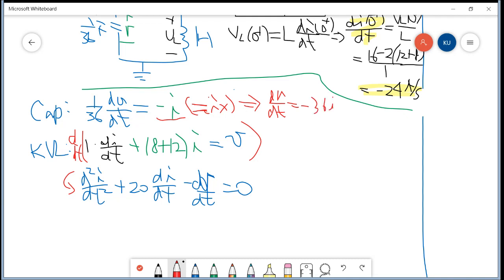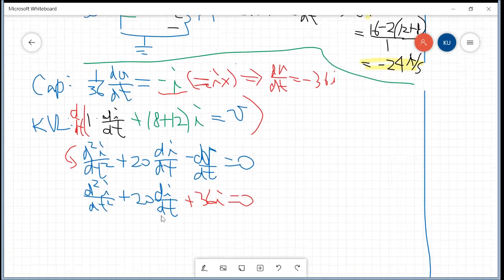So dv/dt is minus 36i, so minus dv/dt is 36i. So we can write it as the second derivative of I plus 20 di/dt, and then plus 36i equals 0.